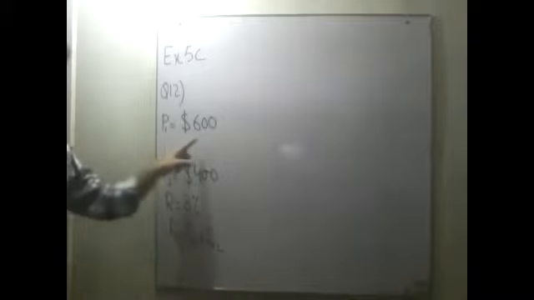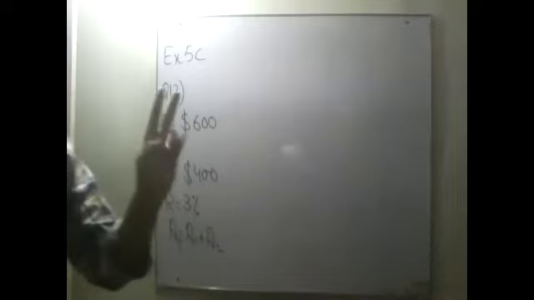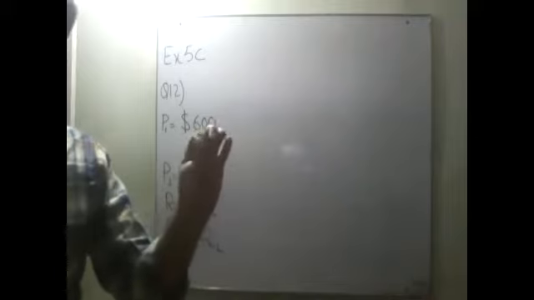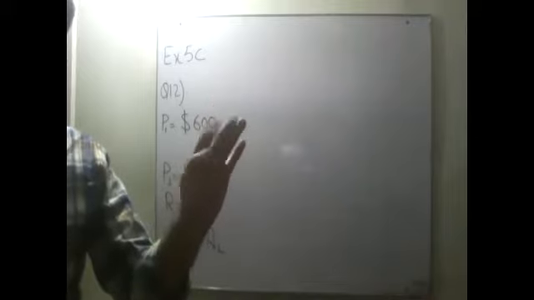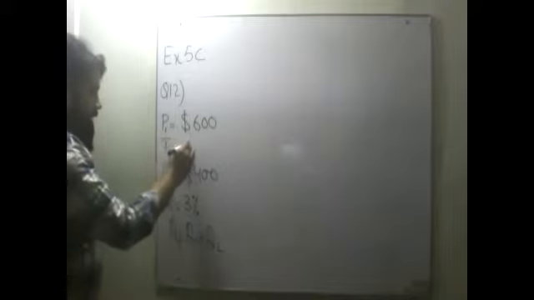Now this one was put in at the end of March. So April, May, June, July, August, September, October, November, December. So this one was put in for 9 months.